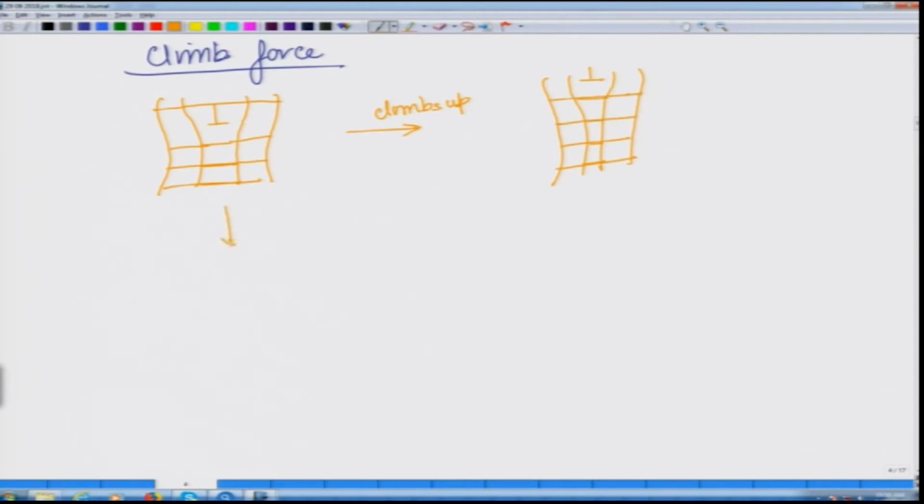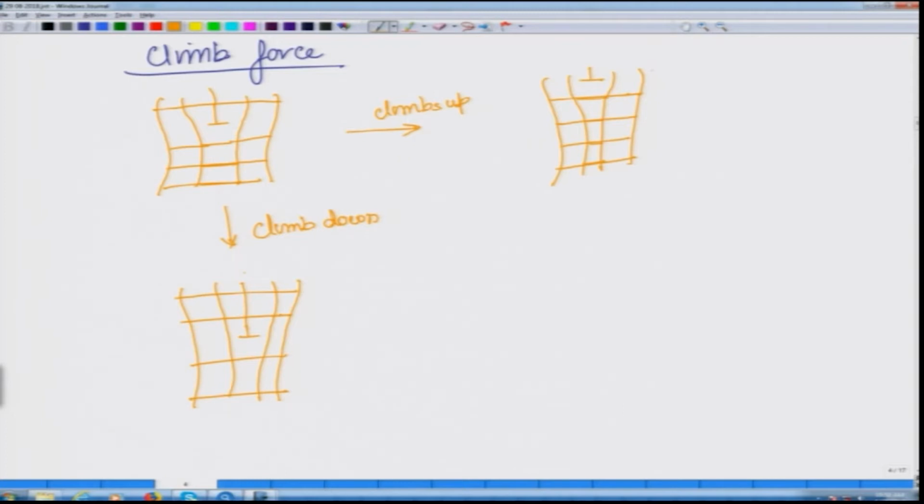Or it can climb down. So, it will become like this. Now you see that the dislocation which is climbing can either climb up or climb down.